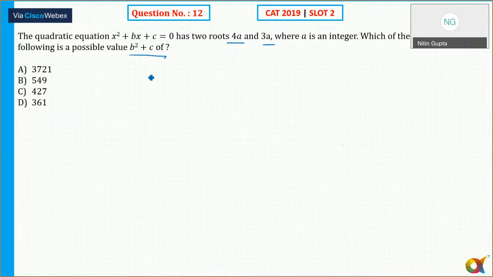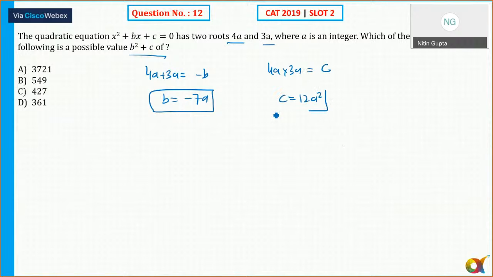Sum of the roots is equal to minus b by a, that is 7a, and the product of the roots, 12a square, is equal to c by a, that is c. So b is equal to minus 7a and c is equal to 12a square.